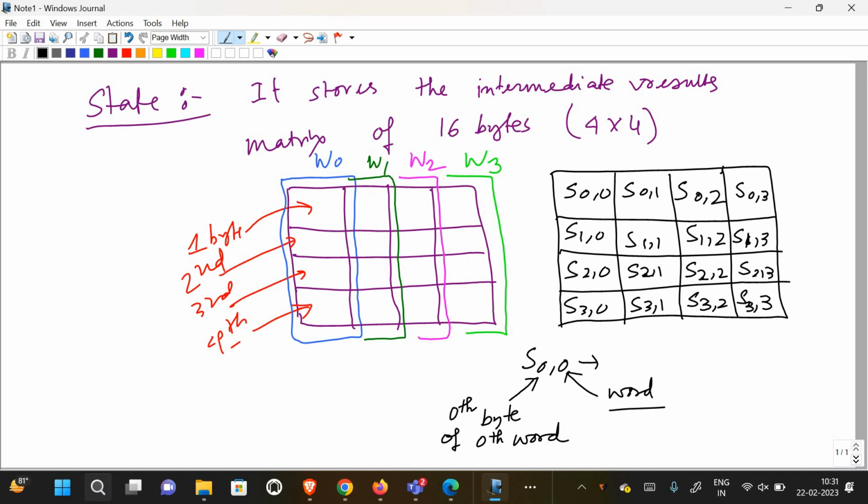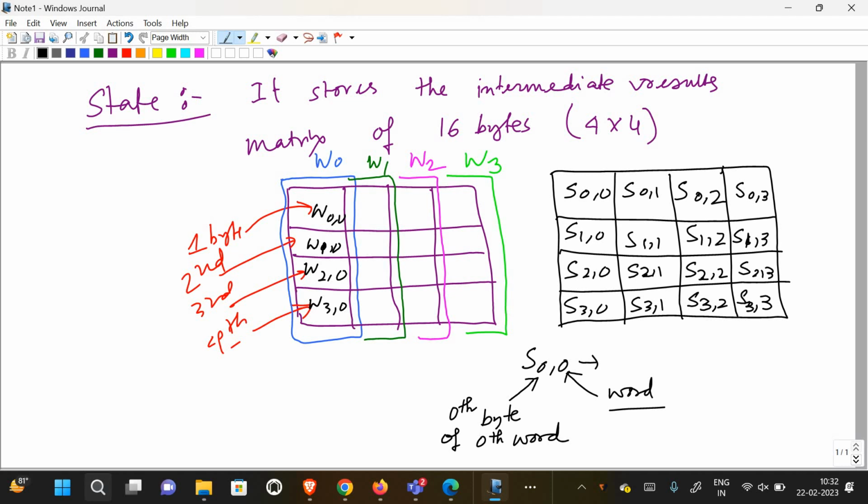So the first byte, you can say 0th byte or first byte, whatever you call it. My consideration is 0,0, meaning the 0th byte of the 0th word, then the first byte, second byte, third byte, like that. You can change it to start from 1 also if you wish, but anyway, let it be. So in a way, we are mentioning this as W0,0, W1,0, W2,0, W3,0, like this. That's how the specification works.